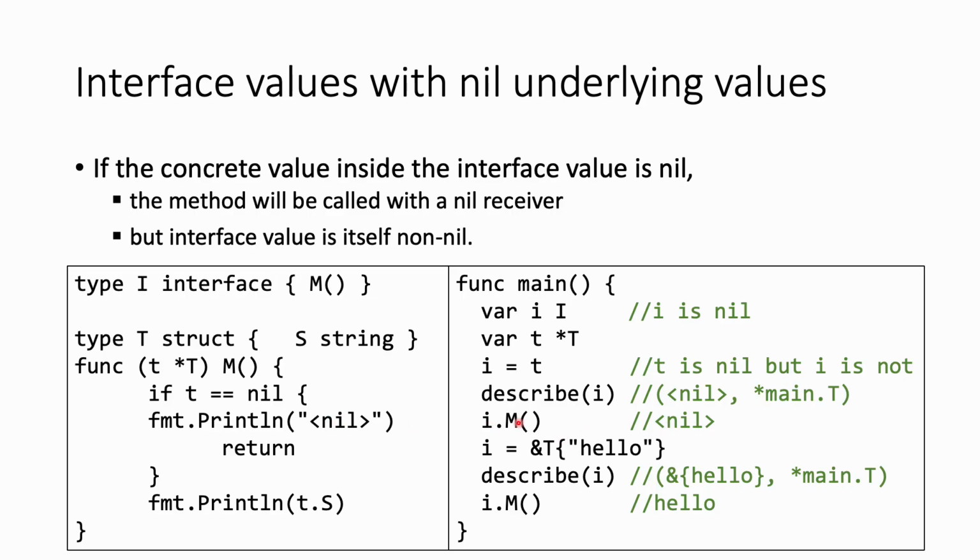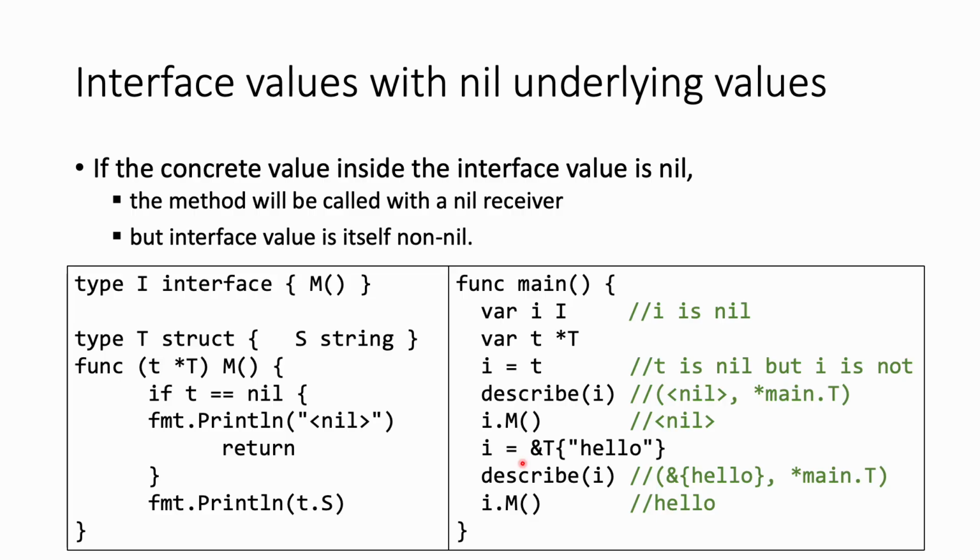In some languages, this would trigger a null pointer exception, but in Go, it is common to write methods that gracefully handle being called with a nil receiver, as with the method M in this example. Back to the main function.